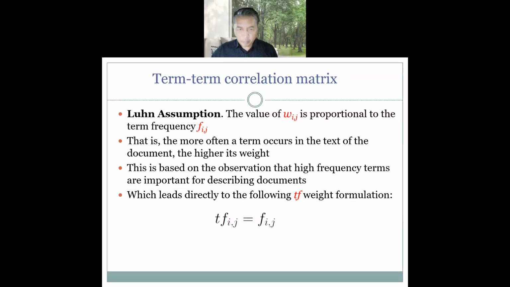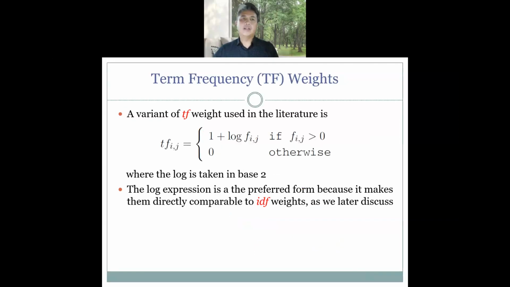So basically, we're just looking at the frequency of keyword i in document j. So that is TF_ij, term frequency for keyword i in the document j. Okay. There is a variant of the TF here.